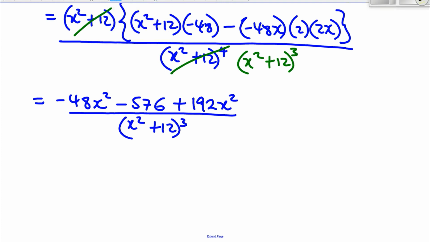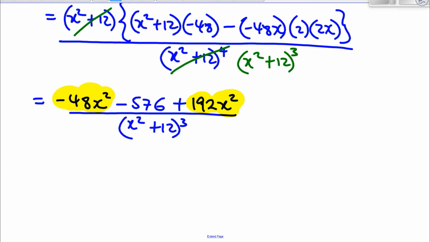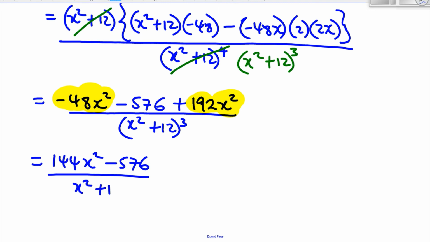These are like terms. This one here and this one here. So we can put them together. So which means I'll end up with 144 x squared minus 576, all this over x squared plus 12 cubed.